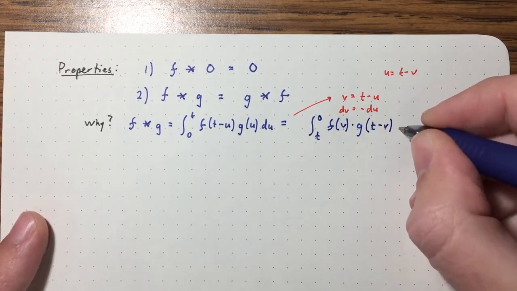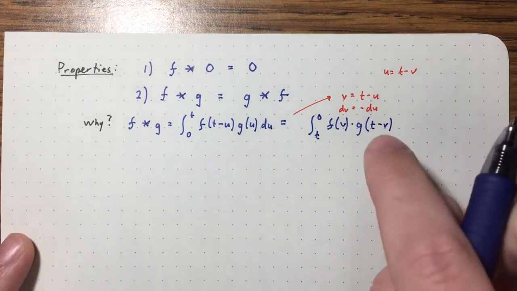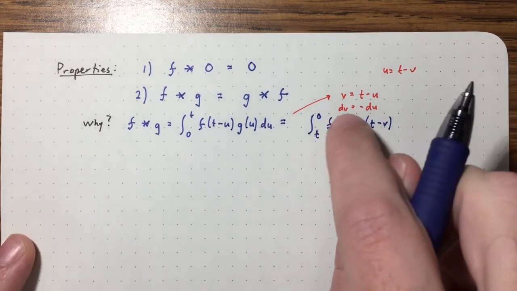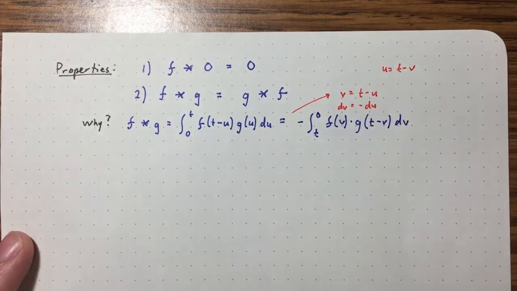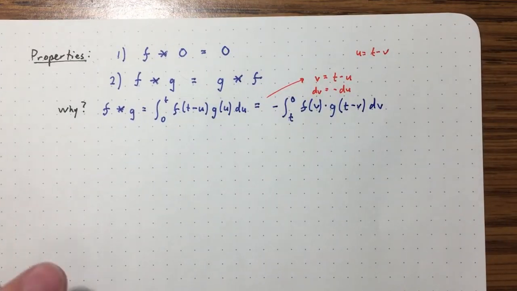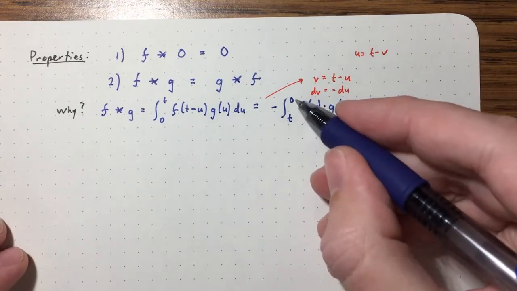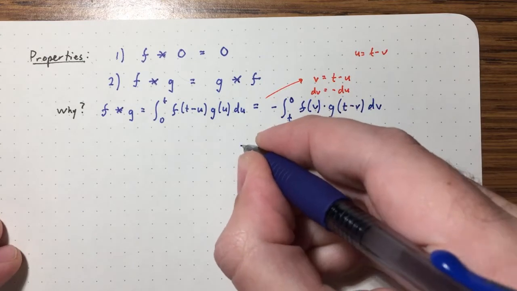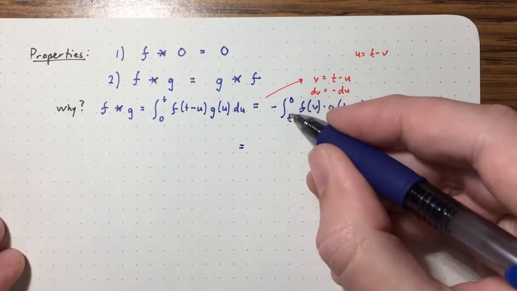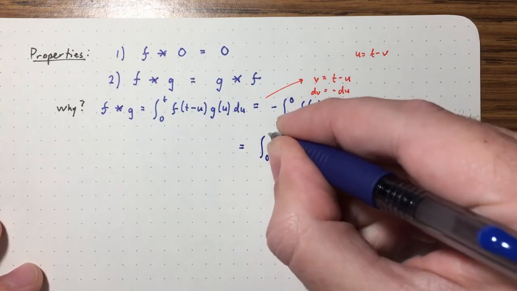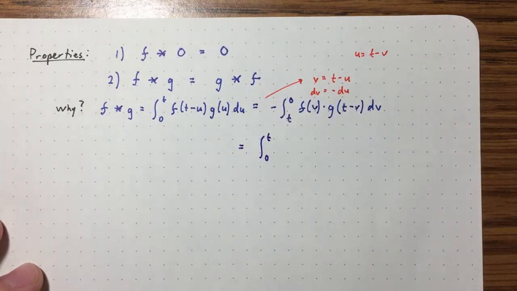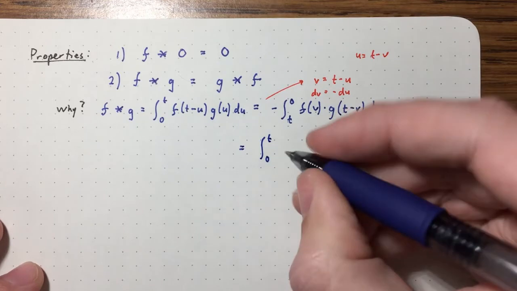And now du is negative dv, right? So I'll have dv, but I have to put a negative sign there. Okay, but there's a property of integrals that you can reverse the two bounds, but when you do that, you add a negative sign. So we already have a negative sign, so that will cancel out with that negative sign.